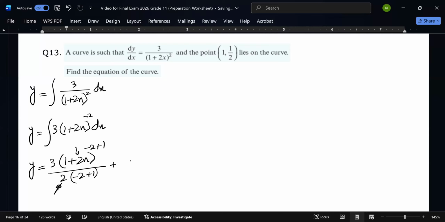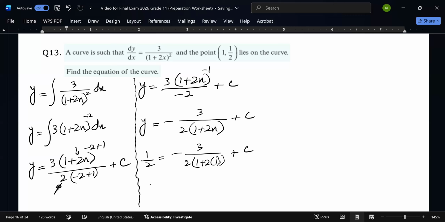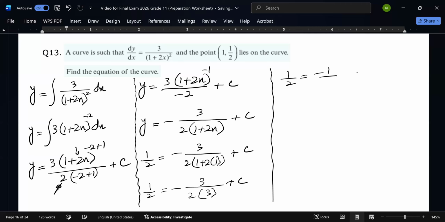Y is half and x is 1. 1 over 2, this is minus 3 over 2 times 3. This is 1 over 2, this is minus 1 over 2 plus c. So c is going to be half plus half, which makes c 1.